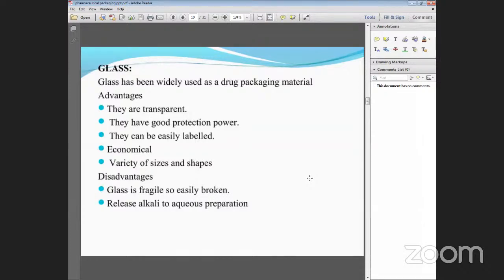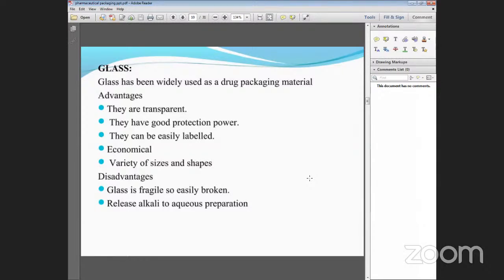And there are two disadvantages. First, glass is fragile, so it is easily broken. If it gets slight heat, it will break. Since it is fragile in nature, we have to be very careful when using it as a packaging material.